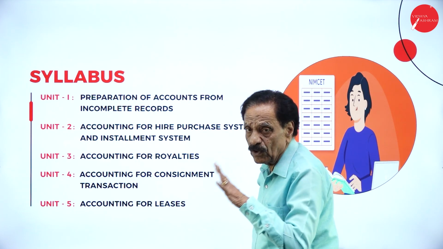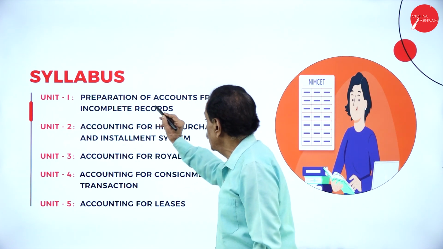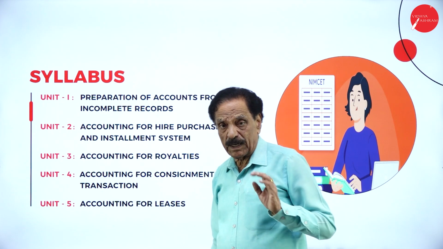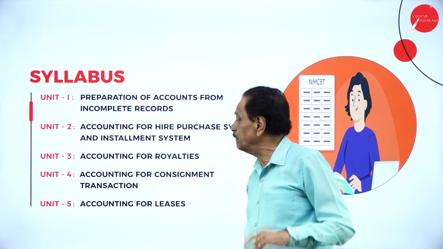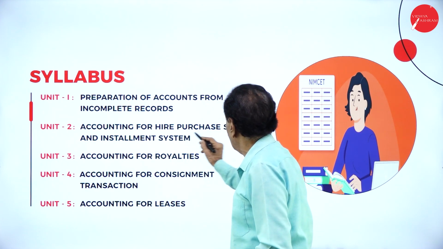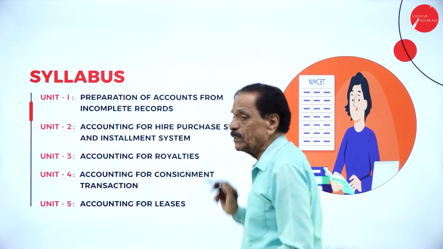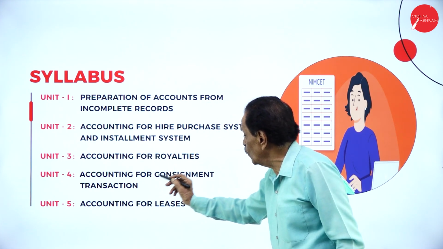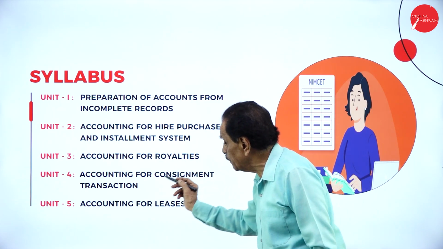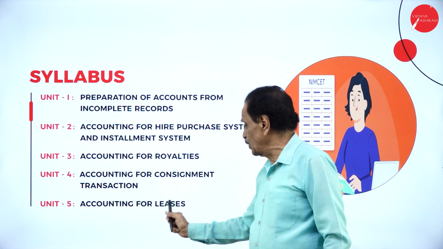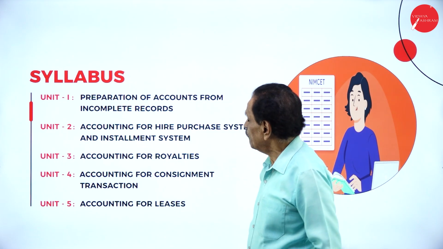So there are 5 units. Preparation of accounts from incomplete records means single entry to double entry system. Accounting for hire purchase and installment system, accounting for royalties, accounting for consignment transactions, accounting for leases.